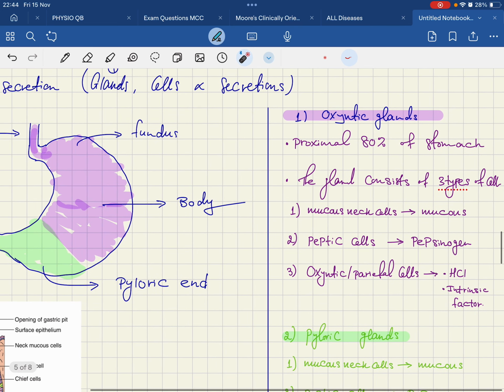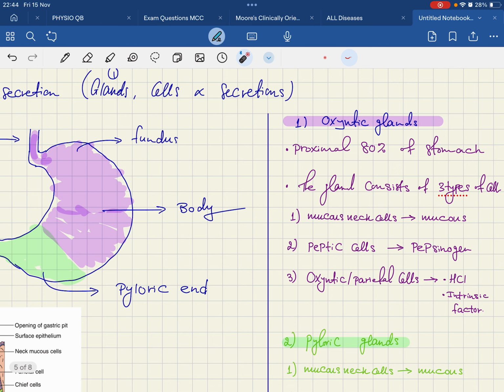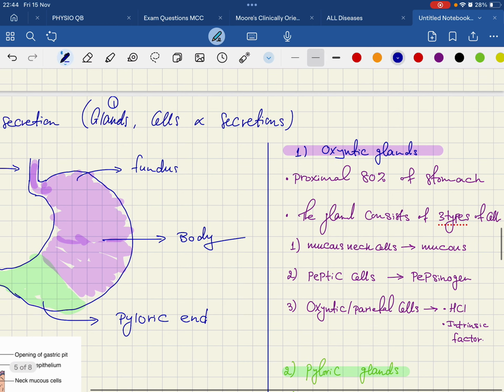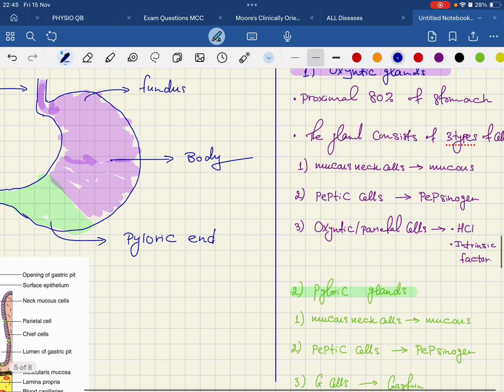The oxyntic gland consists of three types of cells. As I said before, cells make up glands.